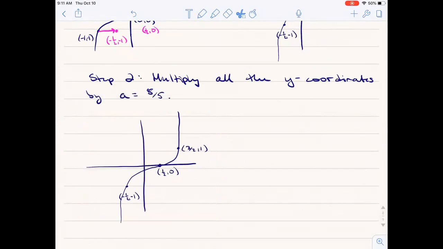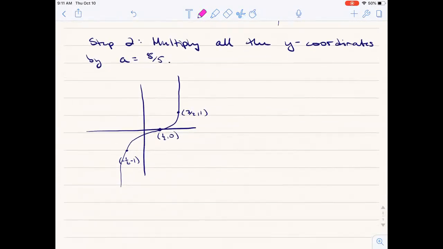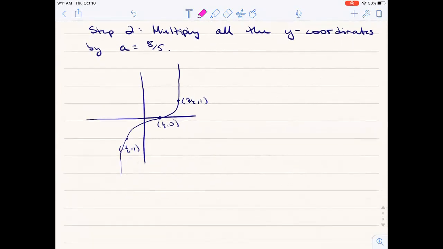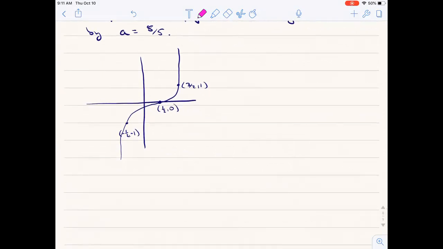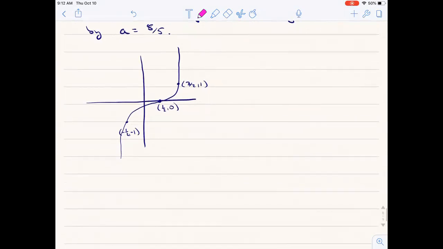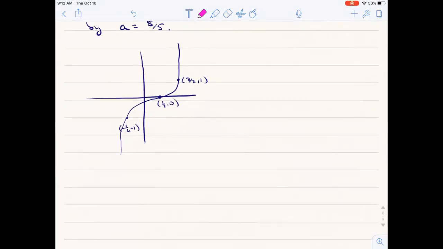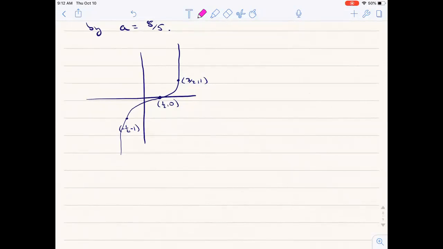So we'll see where this takes us here. If we're multiplying the y coordinates, the x coordinates stay the same. And so -1 times 8 over 5 puts us at -8 over 5, which is what? 8 over 5. Who knows? Nice. Better, or at least for me to deal with. So that puts us at -1.6. Okay, so here it kind of scooches down a little bit.